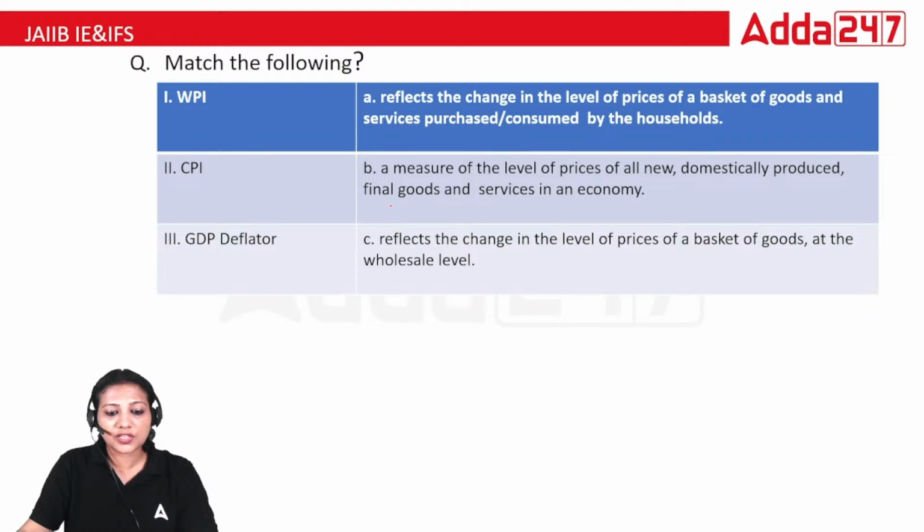Reflects the change in level of prices of a basket of goods at the wholesale level. So options are 1C, 2A, 3B, 1B, 2C, 3A, 1A, 2C, 3B, or 1B, 2A, 3C.